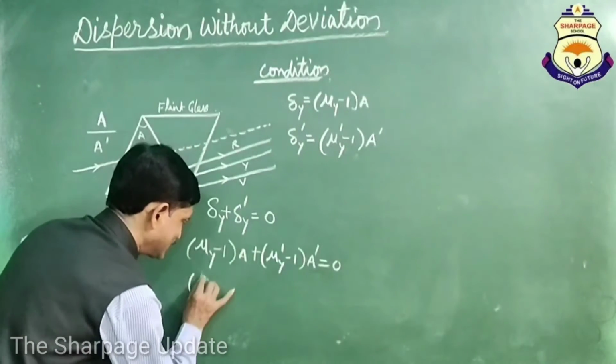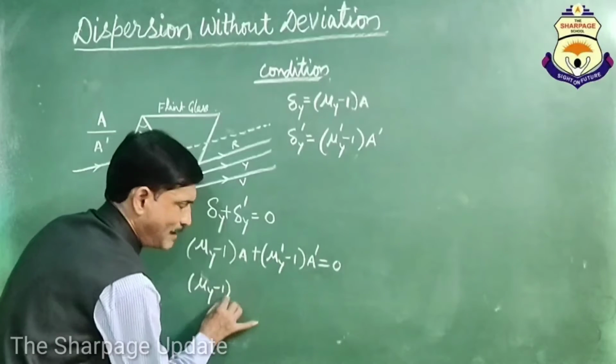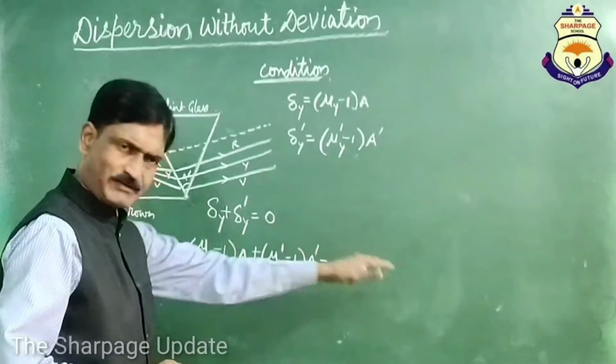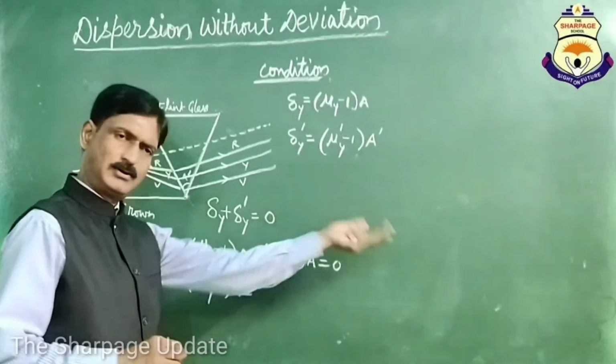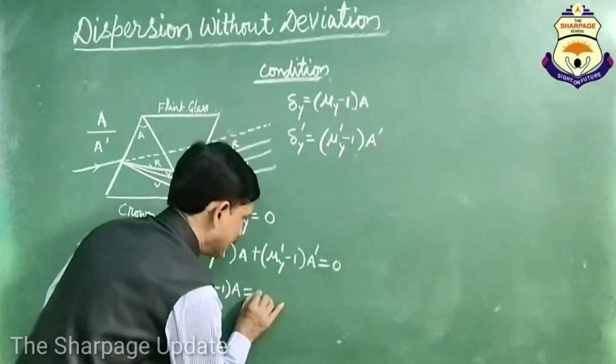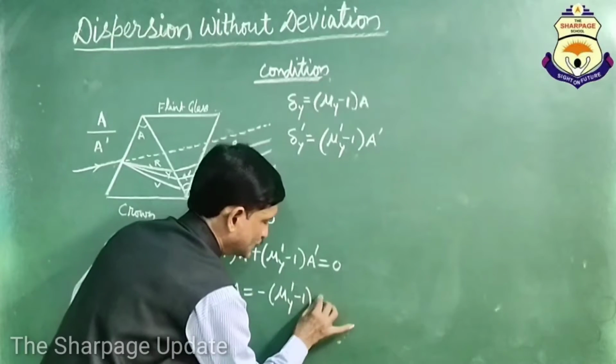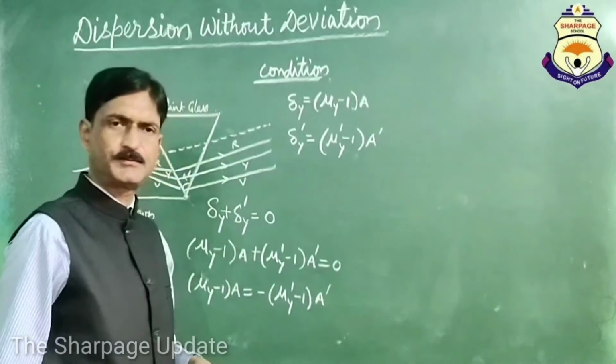So in the next step we can write mu y minus 1 into A equal to, by shifting this term to the right hand side, minus mu y dash minus 1 into A dash.